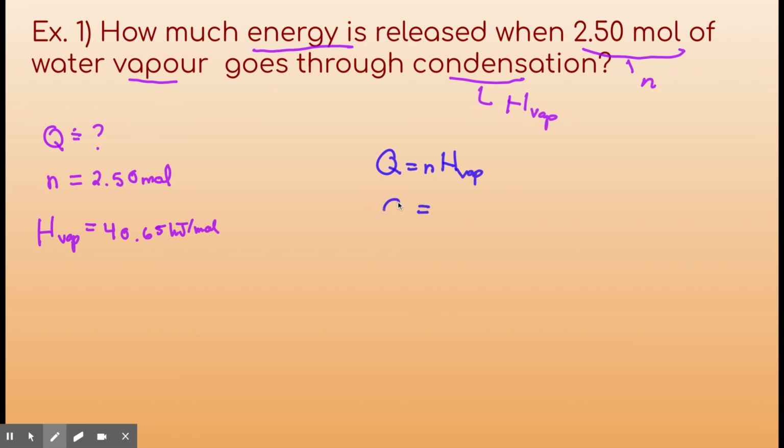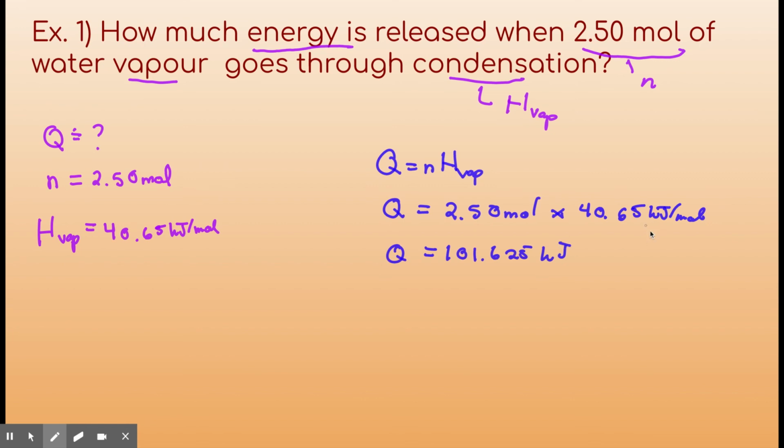So I'm looking for Q. n is 2.50 moles. I'm going to multiply this by 40.65 kilojoules per mole. Type it in my calculator, and I should get Q is equal to 101.625. This unit is kilojoules.